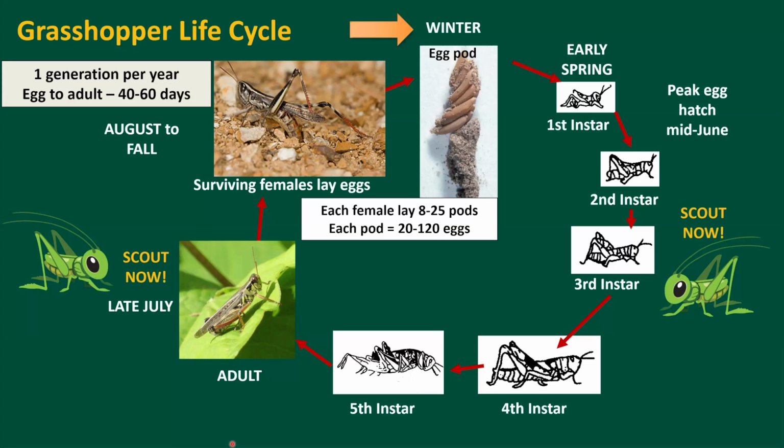If it's an outbreak year, you're better off controlling that high population when they're in the immature stage, the nymph. And then later in August, into July, late July, and even into the fall, continue to scout for the adult grasshopper.